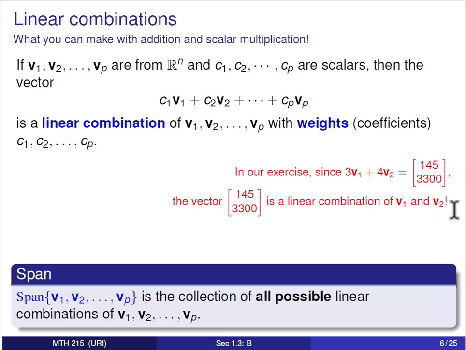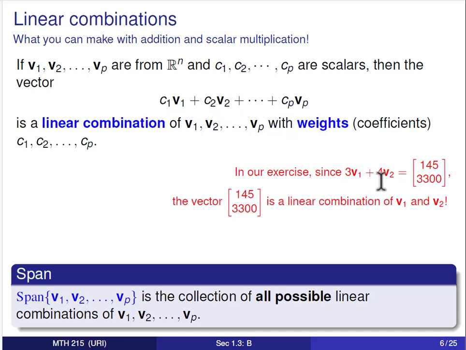All right, now looking ahead just a little bit, we'll make a definition here. The span of v1 through vp is the collection of all possible linear combinations. As you can imagine, because these coefficients are free to choose, we can make infinitely many different choices for the weights on the vectors.